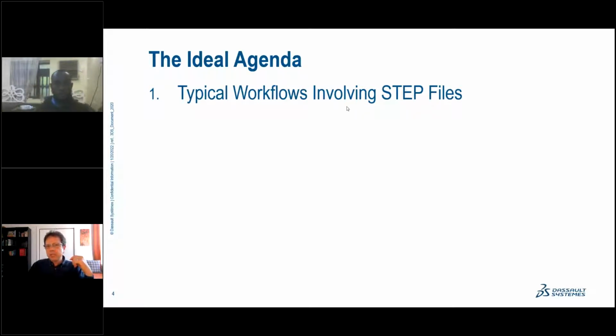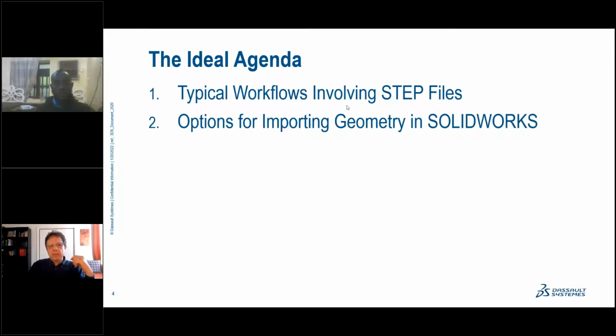Pretty interesting questions. Then, as you probably know, there is more than one way to import a neutral file in SolidWorks. I'm going to use the word STEP going forward, but you can replace STEP with IGES, Parasolid, Inventor, CATIA, NX, ProEngineer or Creo. So, any type of imported geometry.